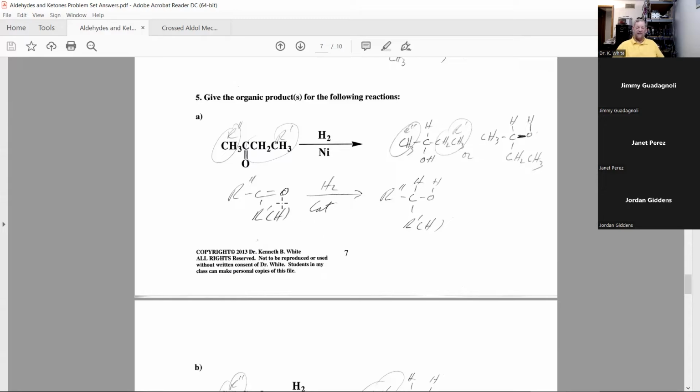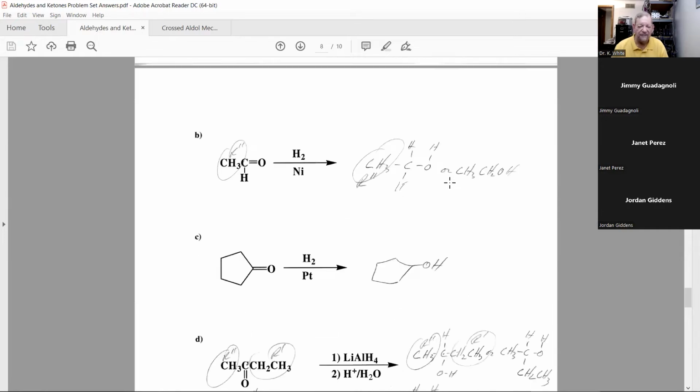You break the pi bond, and each atom of the double bond carbon oxygen gets a hydrogen. And you could write it either of these two ways, and you make an alcohol. And if we look at B, same thing, break the pi bond, and each atom of double bond carbon oxygen gets a hydrogen.